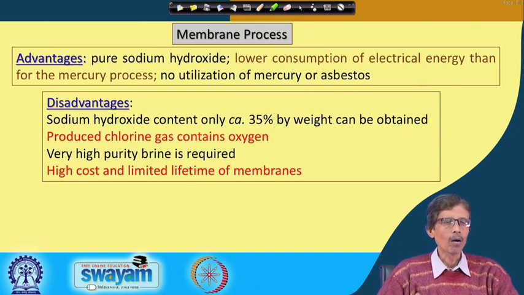One of the major disadvantages is that only up to 35% by weight content of sodium hydroxide will be produced by this particular technique. So, you have to go for concentrating more and more of the bulk volume being produced from the electrolysis cell.